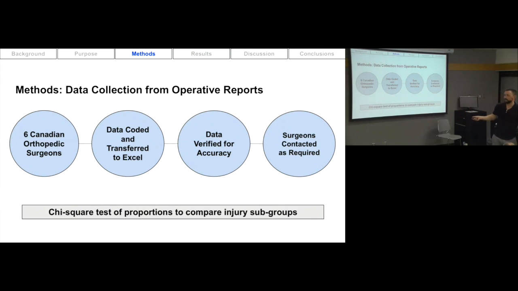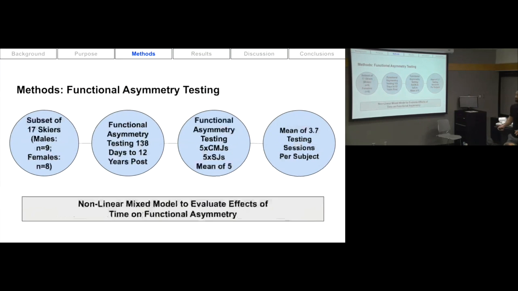And in any case where we had a discrepancy, where something was unclear or didn't seem right, we were able to contact the surgeon for clarification to find out what had gone on. And for all of our statistical testing, we used a chi-square test of proportions to compare these injury subgroups.